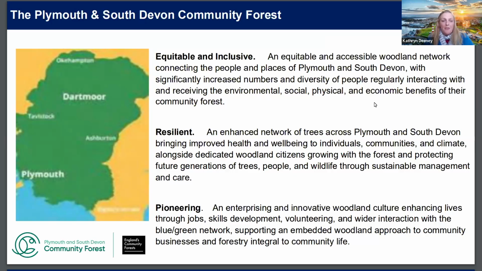You can see through the key aspects that we're trying to deliver around equality and inclusivity, resilience and pioneering, that they all fit with what we want to deliver in our urban environments, but also how we make those work in rural. So that's been a real step change for us in terms of how we deliver our urban forest and connect it with our rural. Next slide, please.